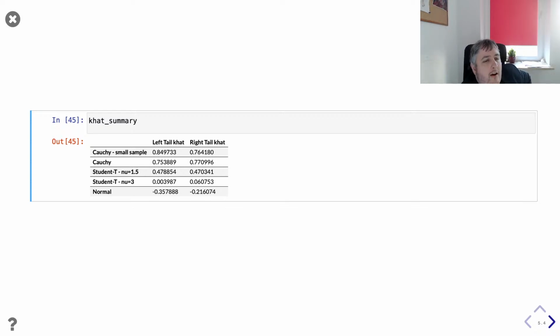In the case of 1.5 degrees of freedom, the Student distribution behaves above the threshold of 0.25 that we wanted. It's not the most terrible, but we've seen it's problematic. And for 3 degrees of freedom, k-hat is very nice, it's close to 0, and no issues happen. For the normal distribution, it's even negative because the distribution vanishes very quickly. So as we can see, it's not a problematic situation.